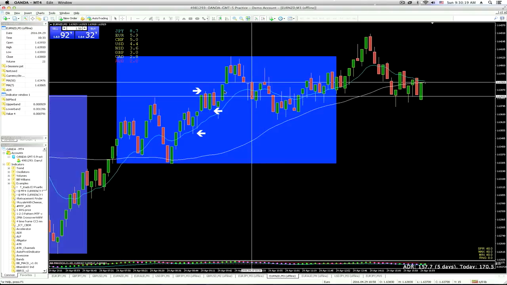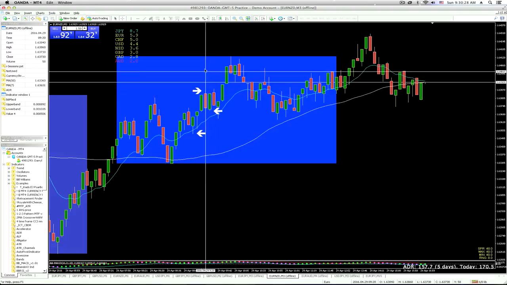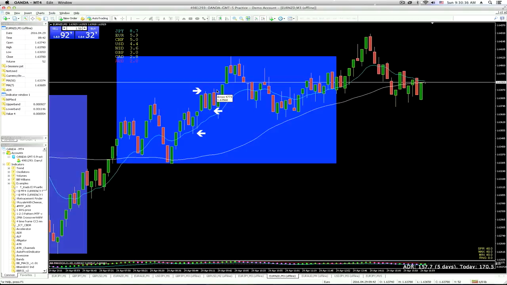Let me see. The high of this candle is 86. The high of this candle is 88. Typically you don't get in right at any movement at all above this candle. You would have anywhere from a 1 to a 3 pip range that you would use.